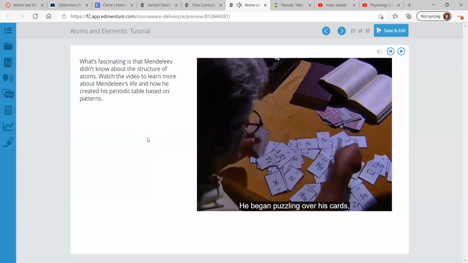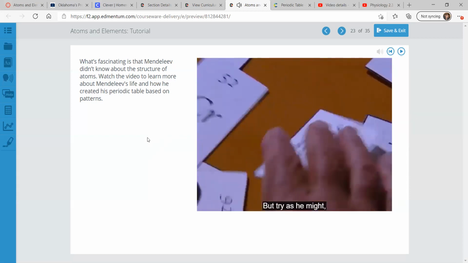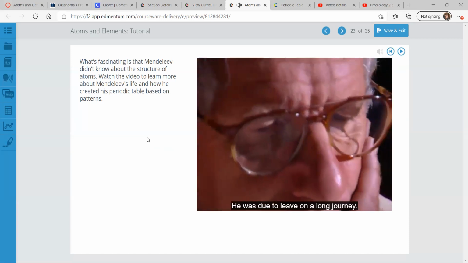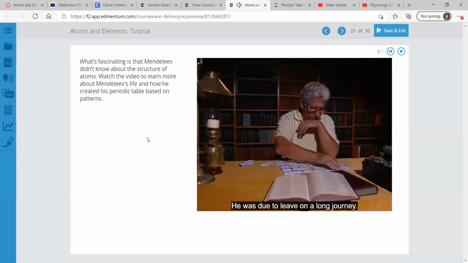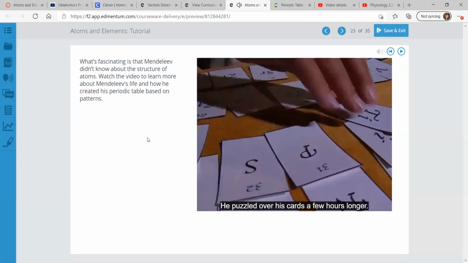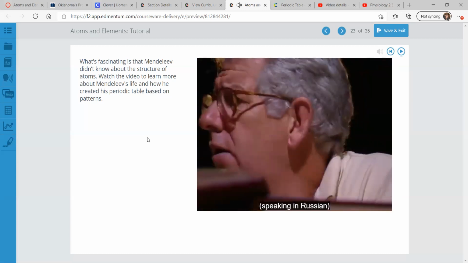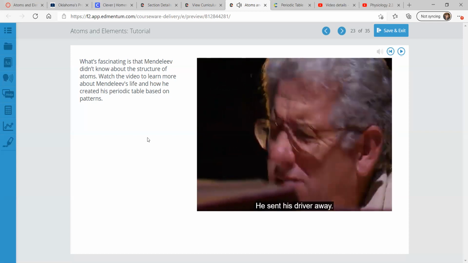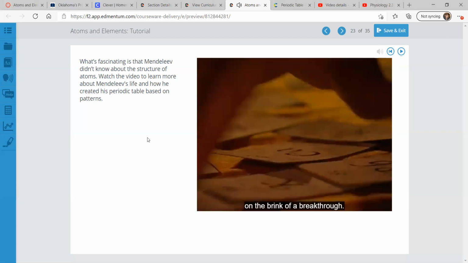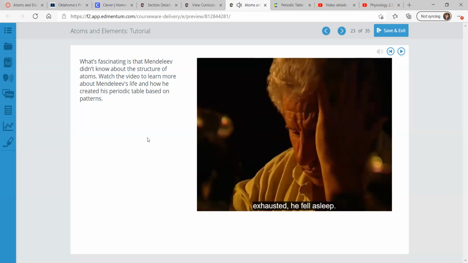He began puzzling over his cards, trying to see if he could place them in groups. But try as he might, he could not find a pattern. He was due to leave on a long journey, but he told his driver to wait. He puzzled over his cards a few hours longer. He sent his driver away. Shuffling the cards around the table, he felt sure that he was on the brink of a breakthrough. But after hours of struggle, exhausted, he fell asleep.